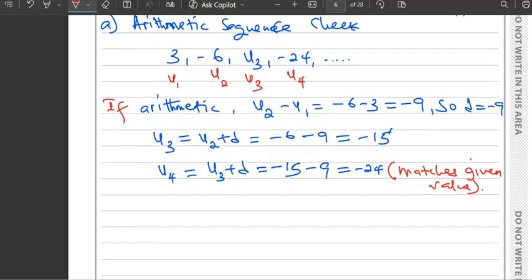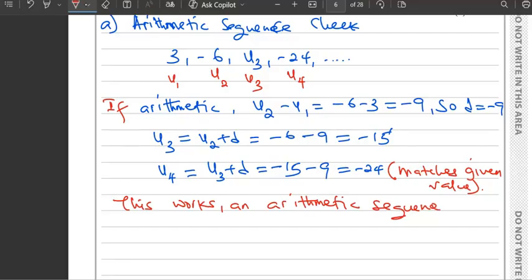Conclusion: an arithmetic sequence is possible with u3 given as negative 15. So that is the solution for part A, Roman 1.